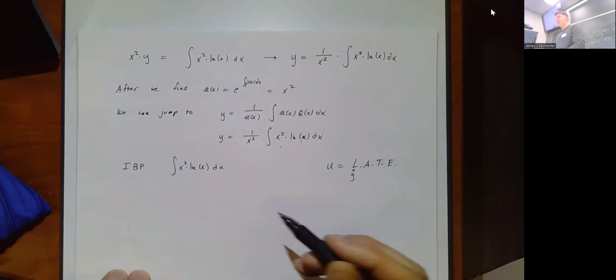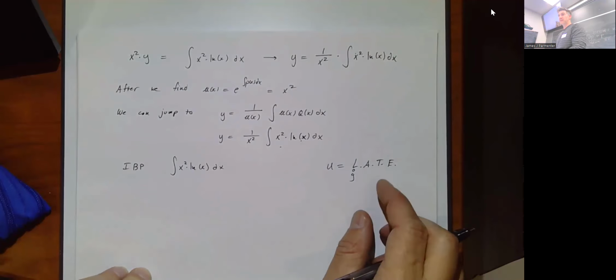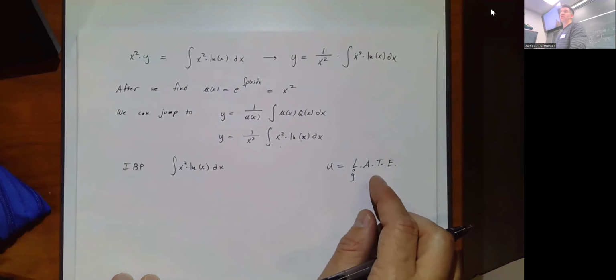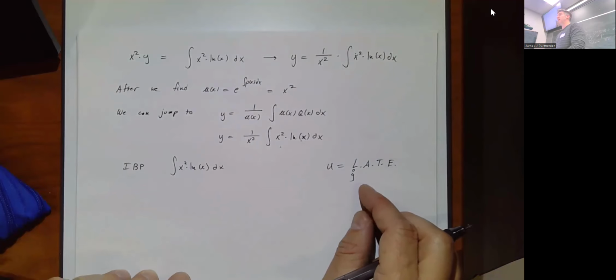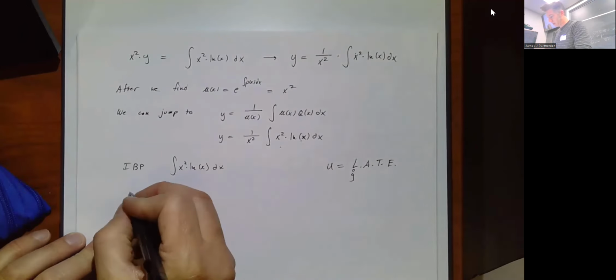But also, if you were to pick u equal to x squared, then your dv is going to be the natural log of x, and then your v has to be the antiderivative of the natural log of x, which, although not impossible to find, is not easy. It's x natural log of x minus, and you have to use integration by parts to find it. That's not good.